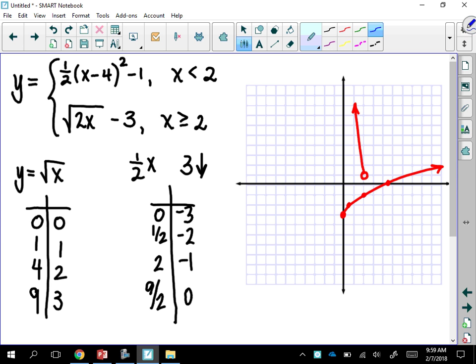So I'll go to where x is 2, which is right there. Which part am I keeping? Everything to the right, because I want to keep the part where x is greater than 2. Anything to the left gets erased. And is it going to be an open circle or a closed circle? It's closed. And is it continuous? No. Everybody good? All right, let me give you one to try.